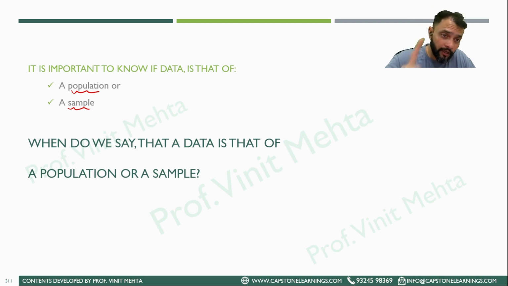But I'm going to repeat the conversation here as if you have not heard that. Any data you come across in statistics could be that of a population or a sample. So now the question is, when do we say that a data is a population, and when do we say that a data is a sample, the data which is right in front of you? Tell me.